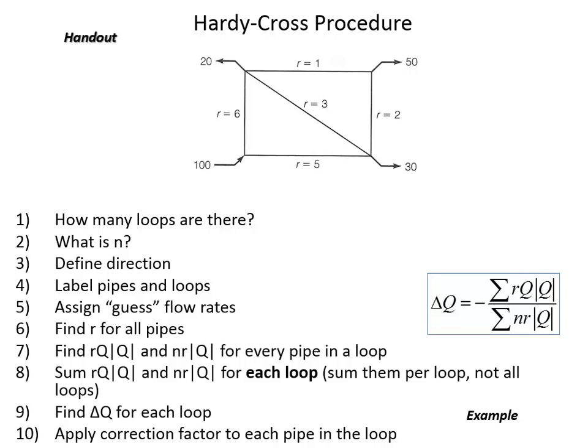Maybe I should have put more flow through this pipe because it had the lower R value. Maybe I should have said 55 and 45. But that's okay. Eventually, the method itself will sort everything out and it'll converge on the right answer, as long as I satisfy continuity at each of the junctions. Okay, so I do have continuity satisfied at junction 4 because there's 100 in and 100 out.